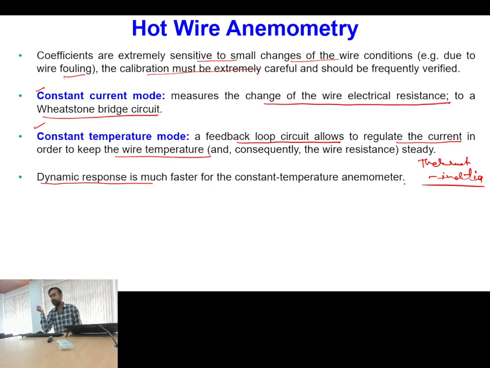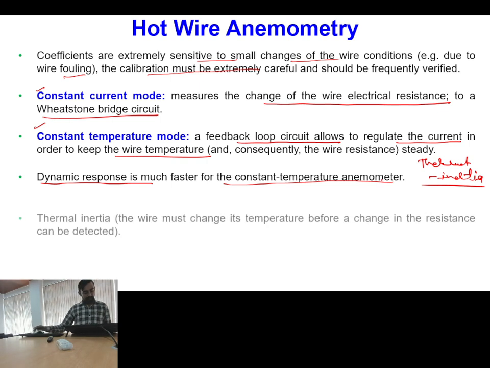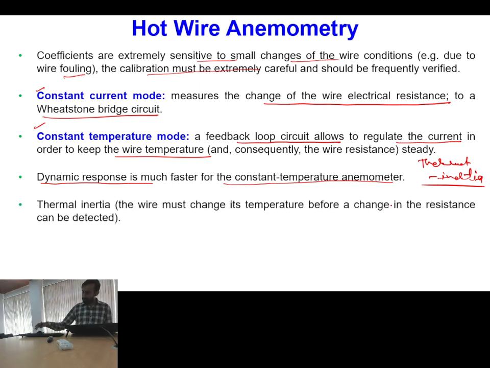That's why the electrical inertia of the system will be less. In the first case we have both electrical as well as thermal inertia. In the second we have only the electrical inertia. So that's why the dynamic response is much faster for the constant temperature anemometer. Is this point clear? So this is what I have explained.